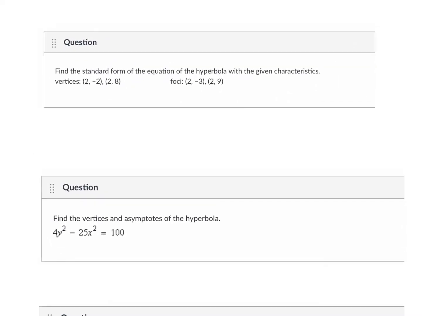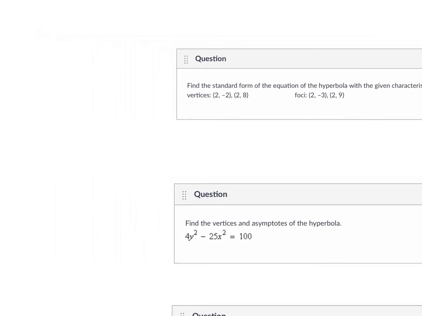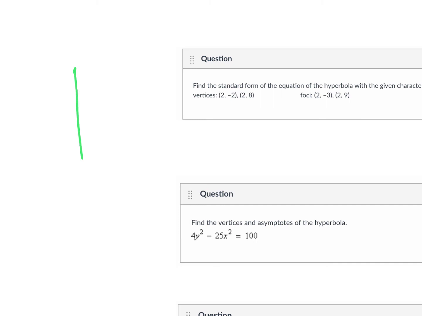Find the standard form of the equation of the hyperbola with the given characteristics. So we have our vertices and our foci. We go to the right 2, down 2, to the right 2, up 8. This is a hyperbola.